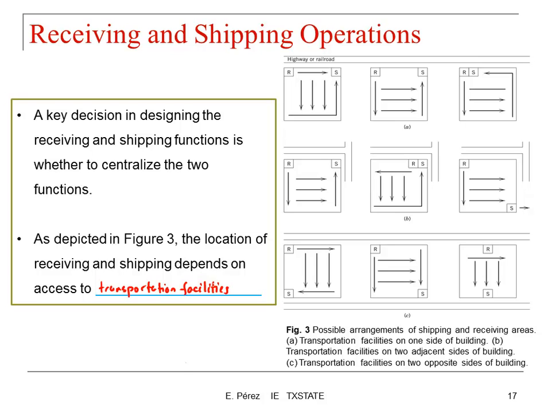You only have two streets that are parallel, so you might consider putting them on opposite sides, one at the top and one at the bottom. So in general, the location of your receiving and shipping operation will be based on how you are going to be moving those items and the location of those transportation means.